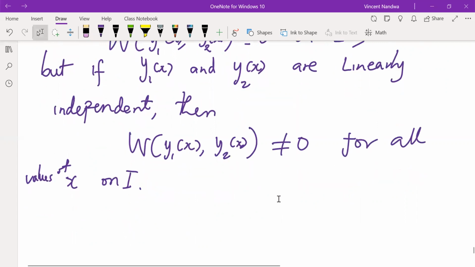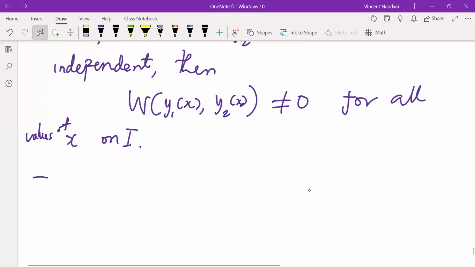Now, the interest for this chapter is to find the general solution of second order linear differential equations. So theorem, general solution.